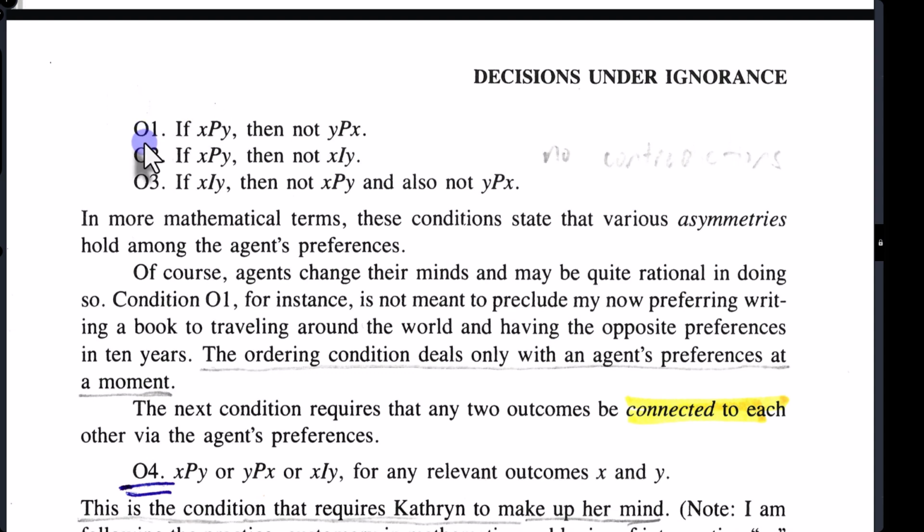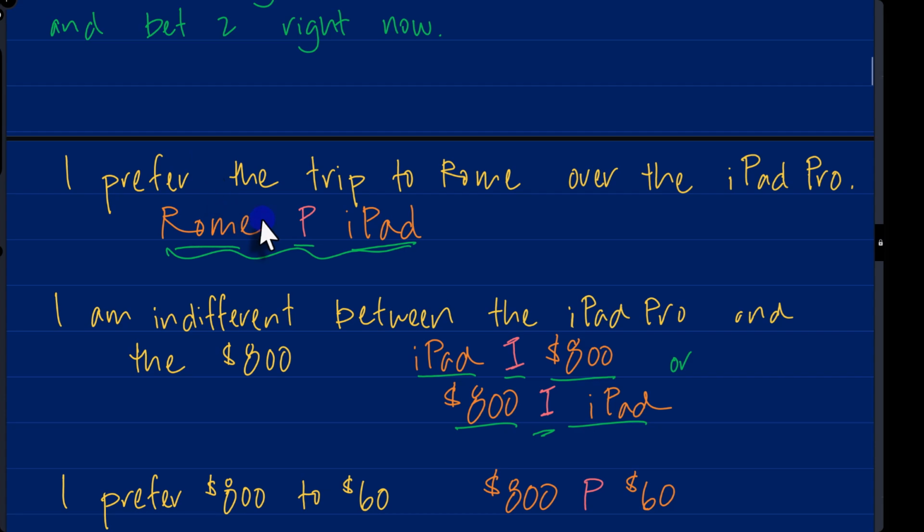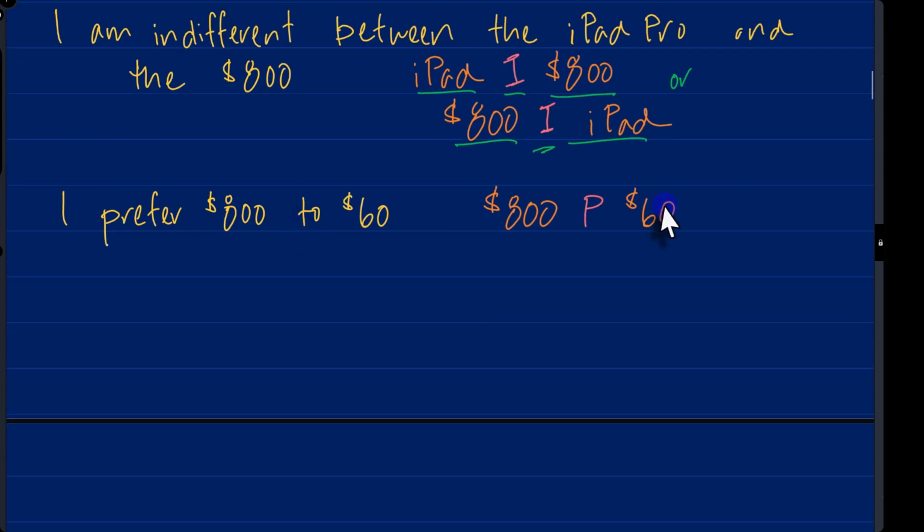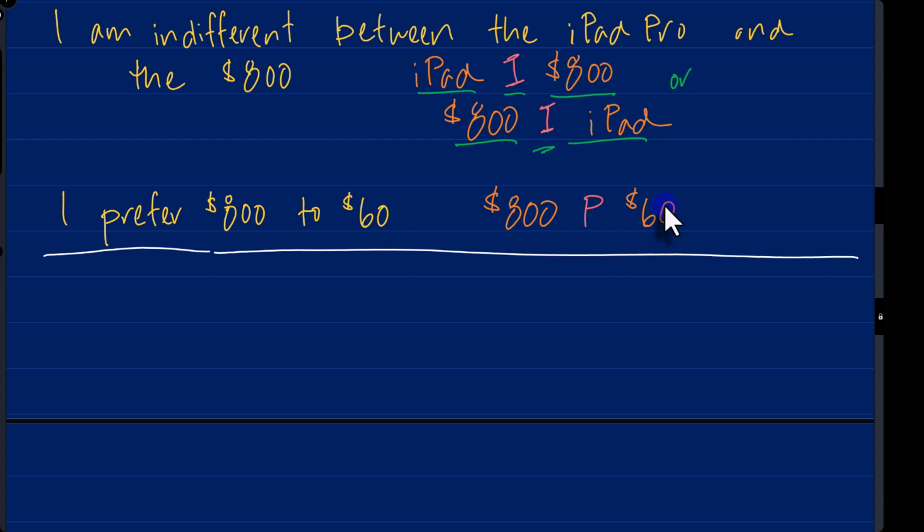We might also call each of these a condition if we want to. Okay, so let's just see how these work. So we'll take the first one.